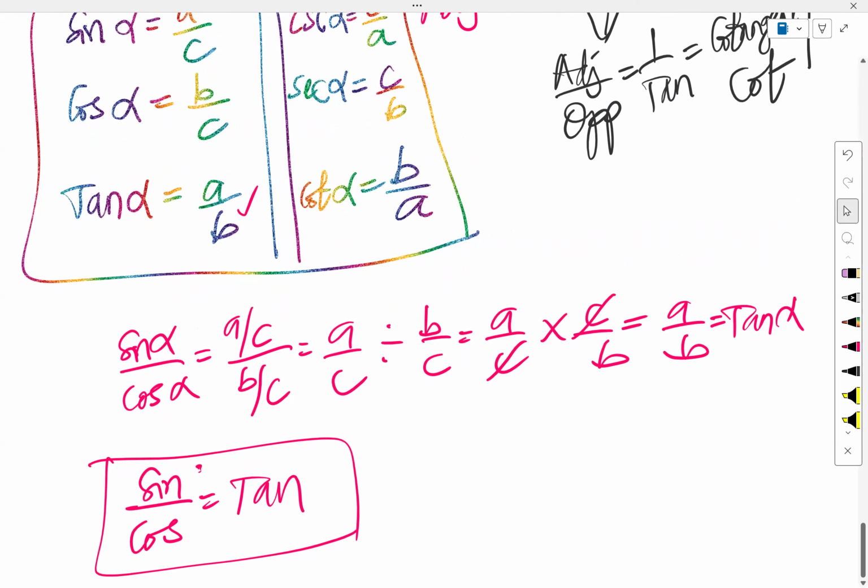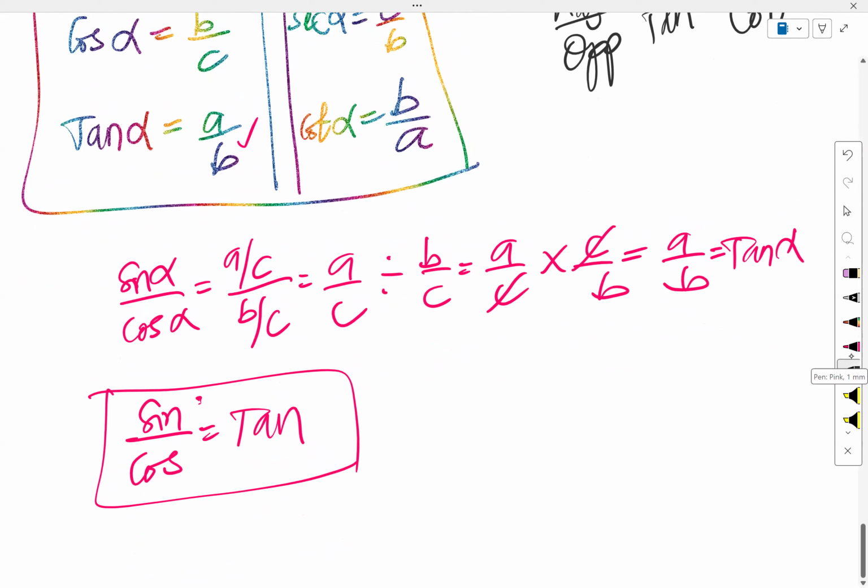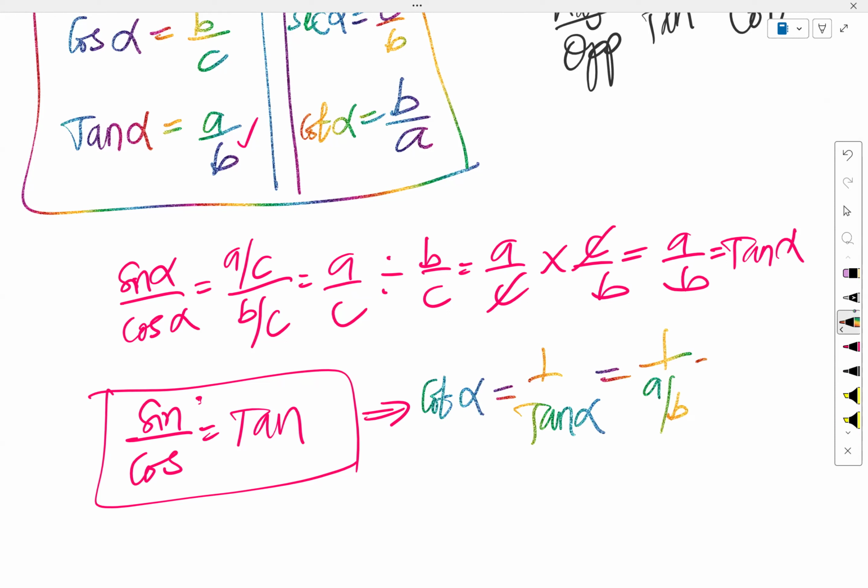Now, since tan is the reciprocal of cotangent, we can say that cot alpha is equal to 1 over tan alpha.